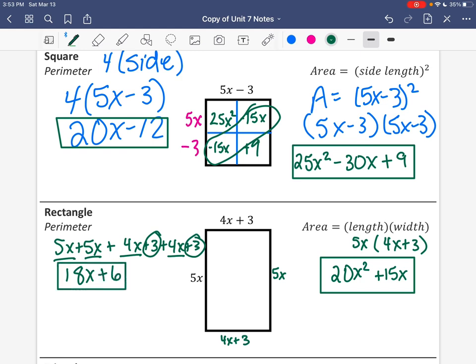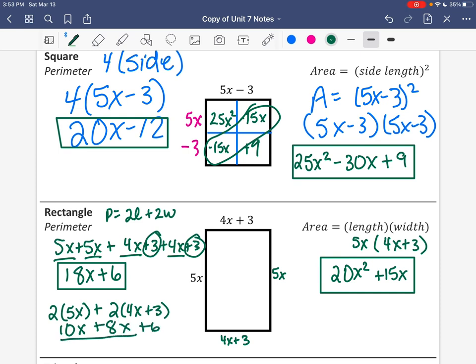Do you want a shortcut? The perimeter equals twice the length plus twice the width. So you could have done 2 times 5x plus 2 times 4x plus 3 and gotten the answer that way. So you would have had 10x plus 8x plus 6, and then you would combine these like terms.